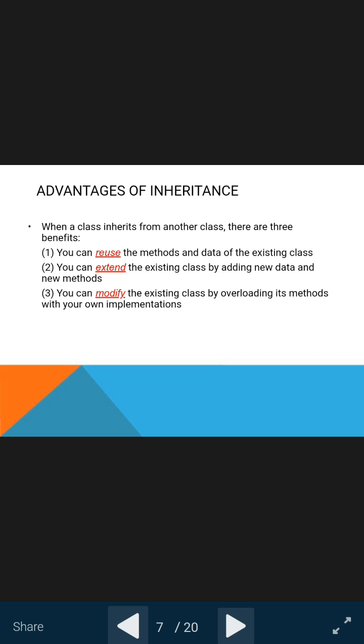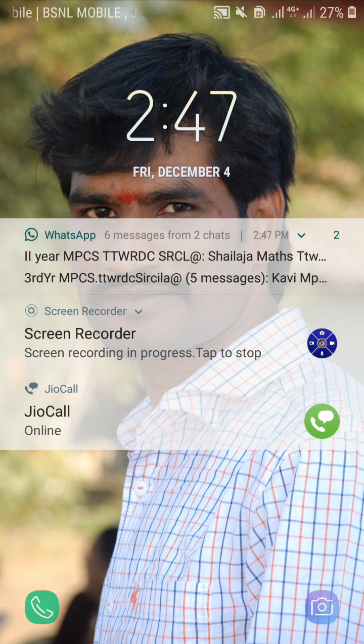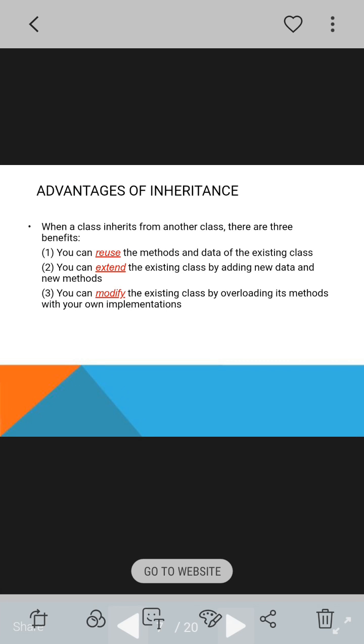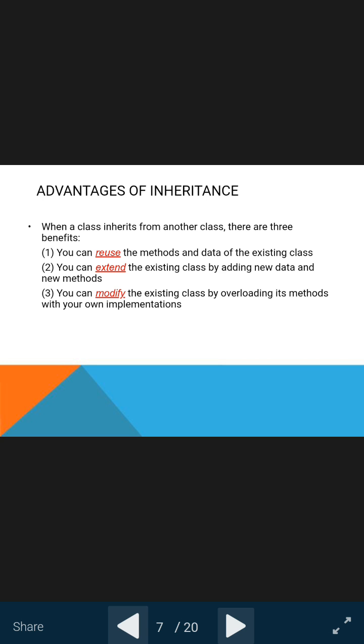That means in the base class we have methods, that means functions, and in the derived class we use those methods. So that is the reuse of methods from one class to another class. The second one is you can extend the existing class by adding new data and new methods.